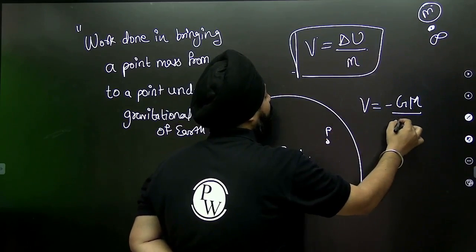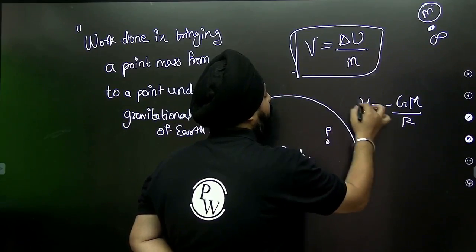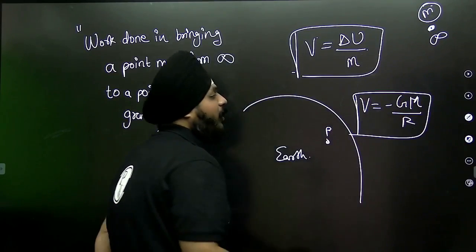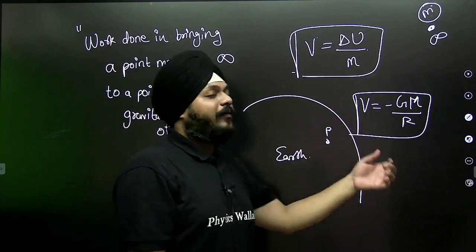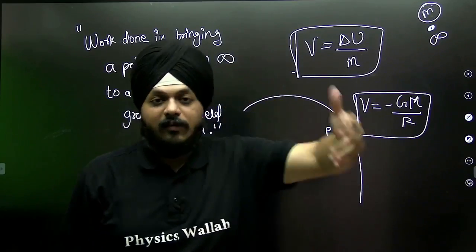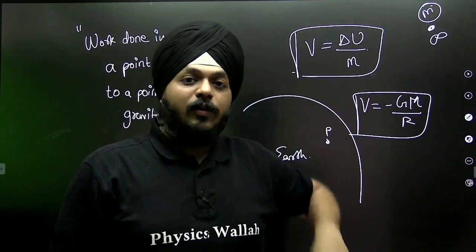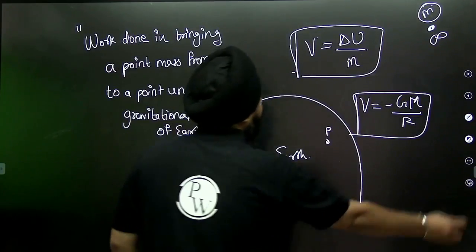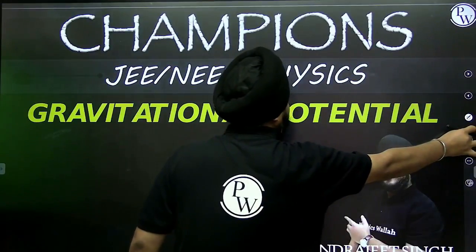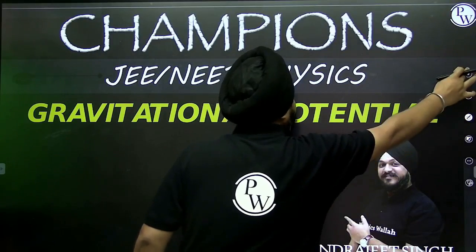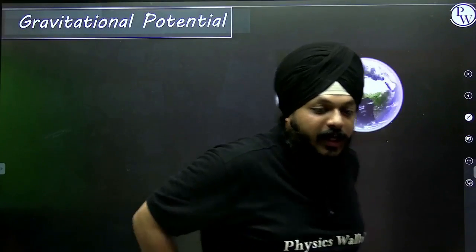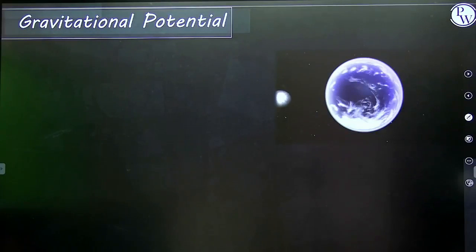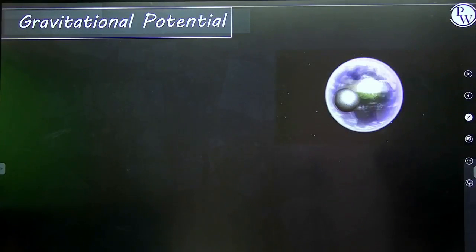So GM whole divided by R. This is the formula of the gravitational potential. Same, it is applicable. The value of the gravitational potential is negative, maximum is 0, at infinity the value is 0. Same. There is only one difference.